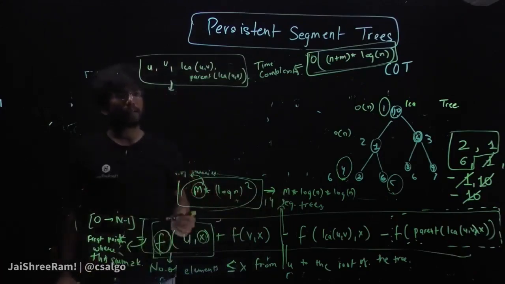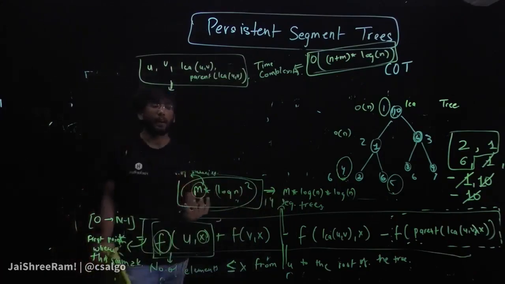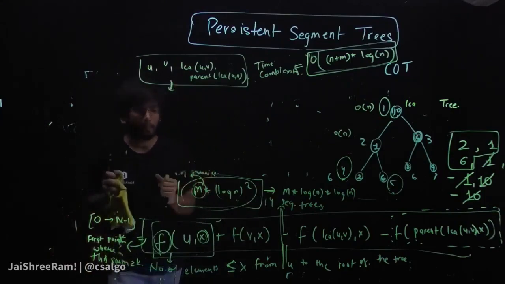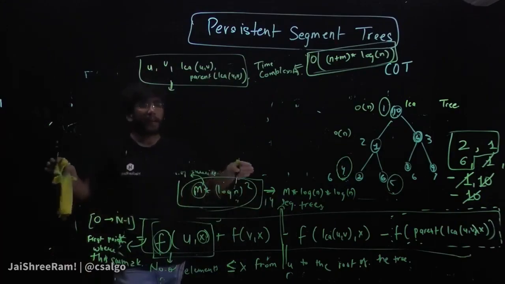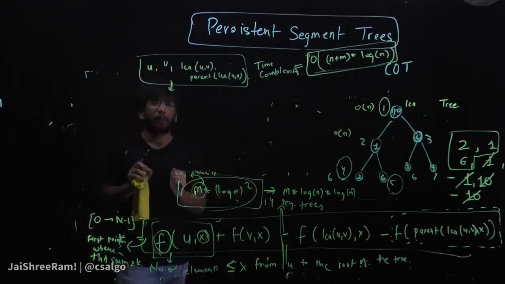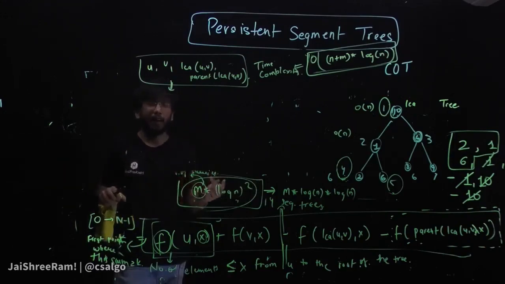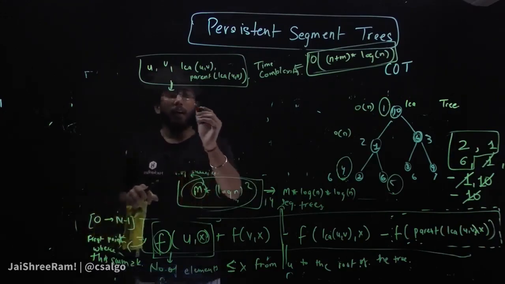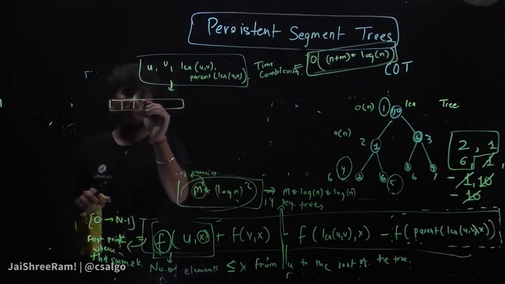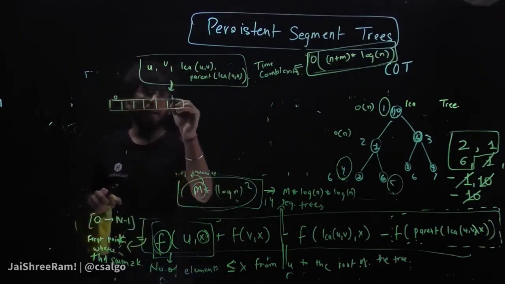These would give rise to a new segment tree, which we can think of as a new segment tree, because actually they are updating values on the same array. Not exactly the same array, but they all have the same range on which they are working, which is from 0 to n minus 1.